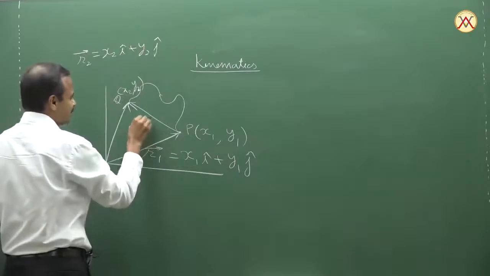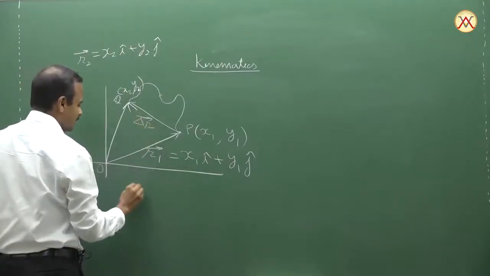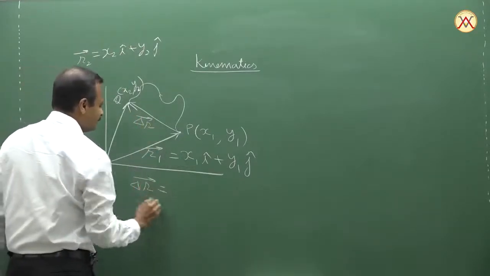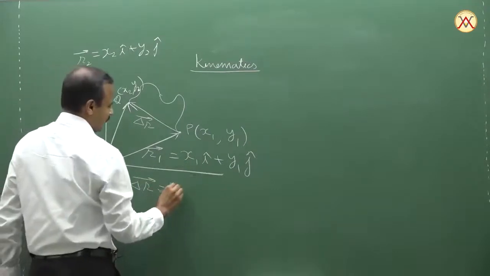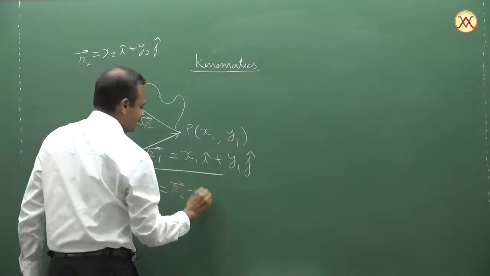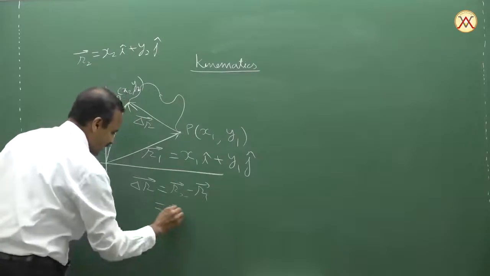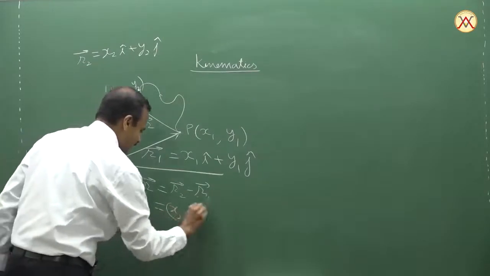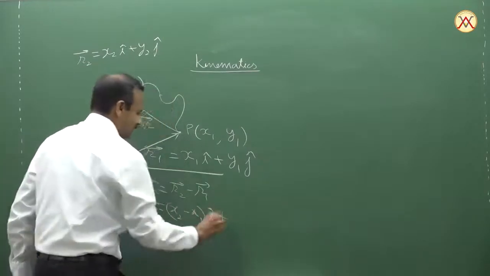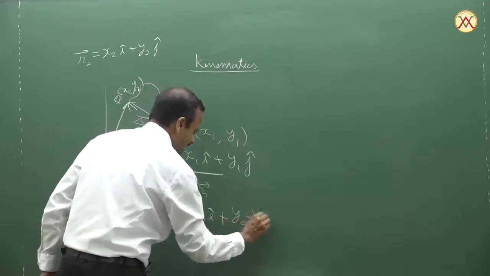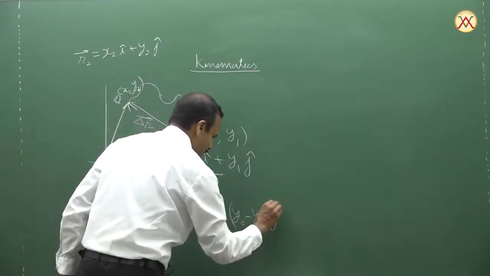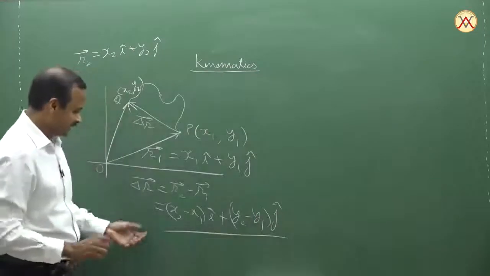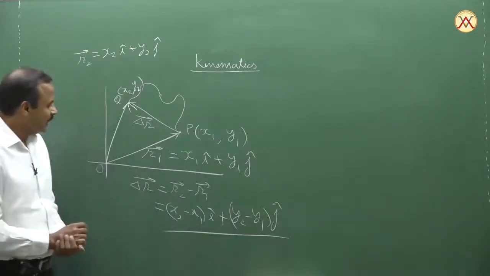So the displacement vector delta r vector will be given by r2 vector minus r1 vector, as (x2 minus x1) i cap plus (y2 minus y1) j cap. So these are the things which we have already studied.